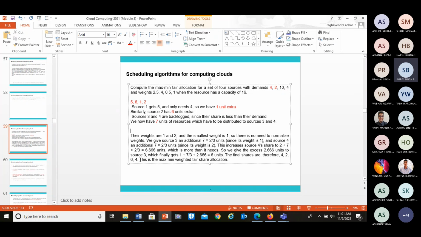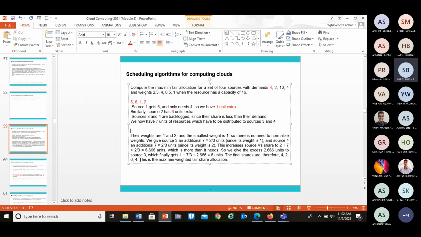So that is 2.33, and the fourth user will get 4.66. Roughly, when you divide this 7 to the last two users, 2.33 plus 4.66, then that will totally add up to 7.